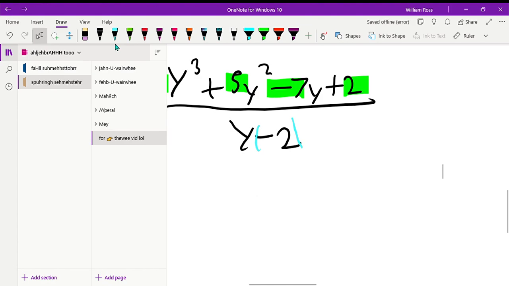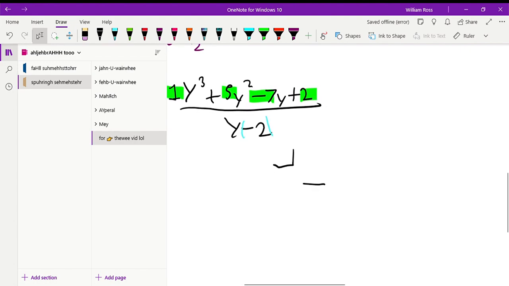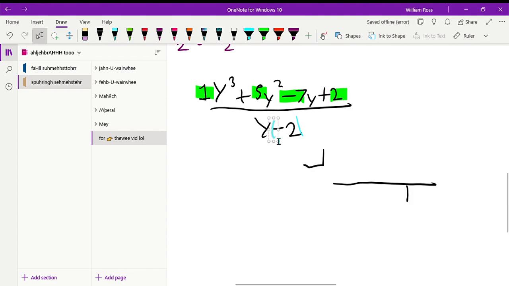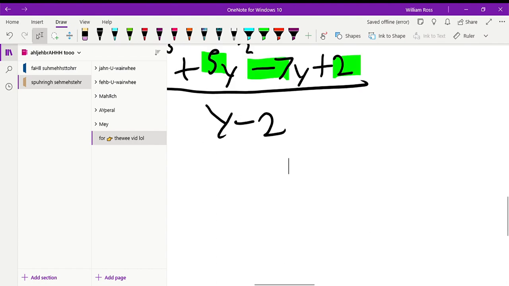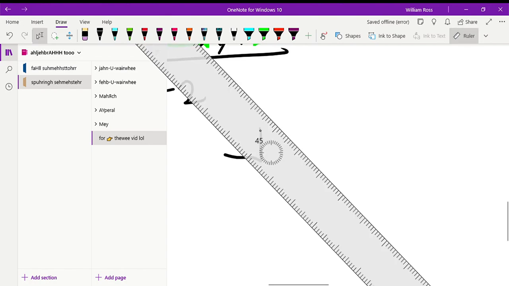Alright. So let's do the layout. Need to get rid of this. Alright, let's set up the layout. Yeah, let me just do the ruler. There we go.